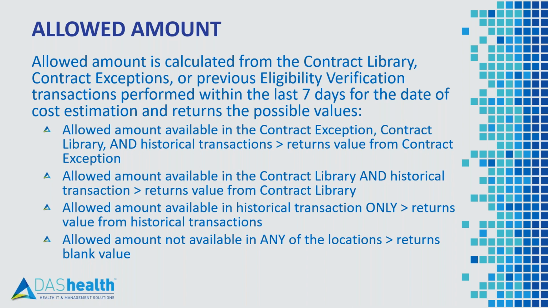If you don't have contracts set up, for example, or not for this particular payer, or it's a non-participating provider, and you only have historical transactions, that's the value it's going to use for that allowed amount field. And then finally, if you don't have any of that information, so no contracts, they don't apply, no exceptions, no historical transactions in 7 days, then that allowed amount field would be blank.